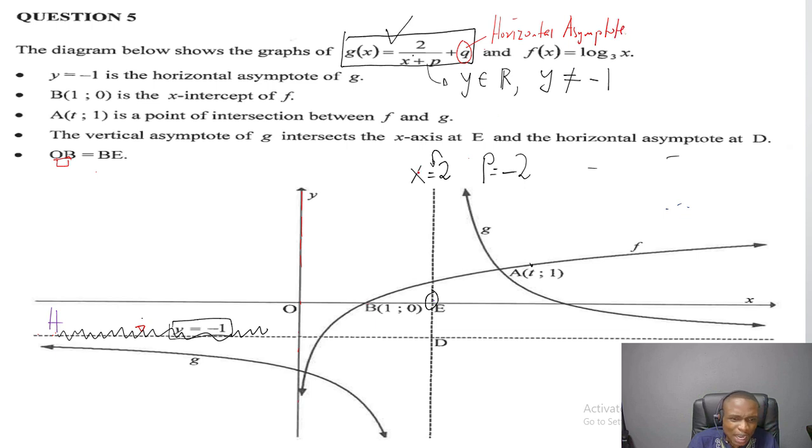So what is the horizontal asymptote? It is negative 1. So it means that q is equal to negative 1.